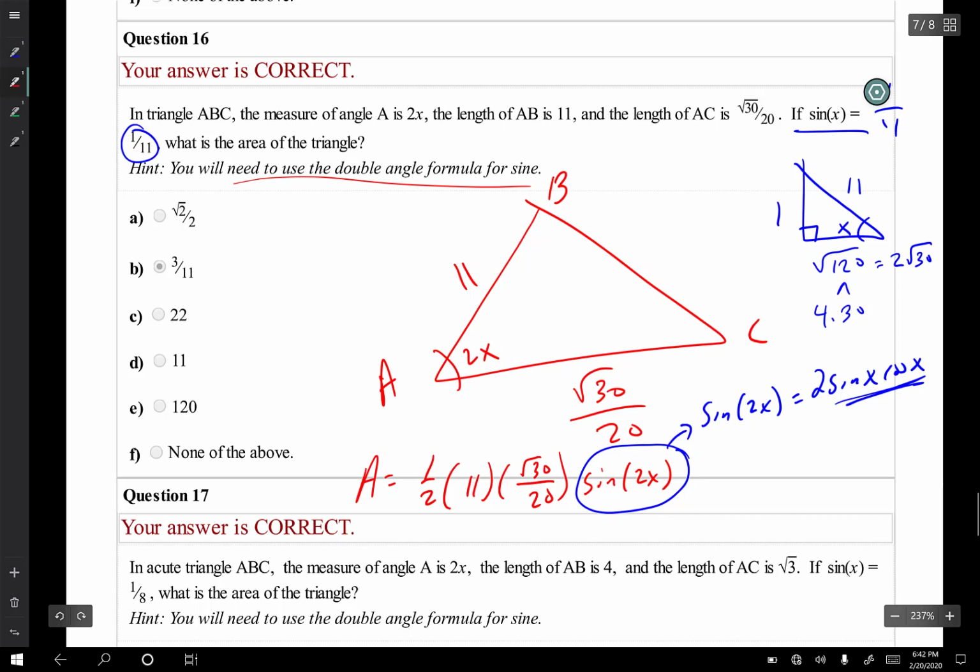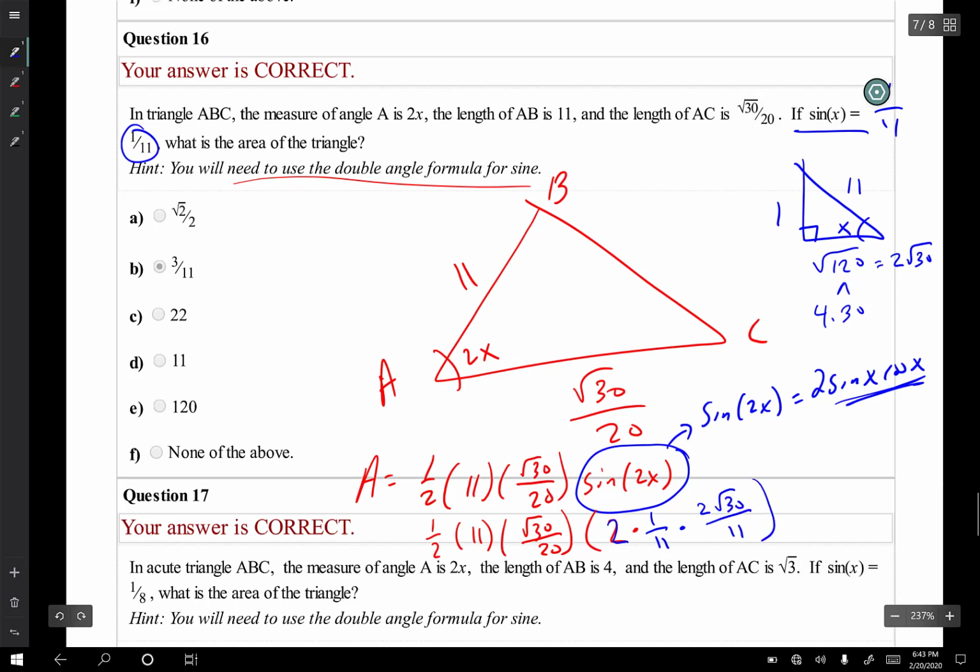So I'm going to write it like this: 1/2 times 11 times square root of 30 over 20 times 2 times sine x. So really I should put the 2 in blue here. 2 sine x is 1 over 11. So 1 over 11 times cosine x, which is 2 square root of 30 over 11. So I'm going to write 2 square root of 30 over 11.